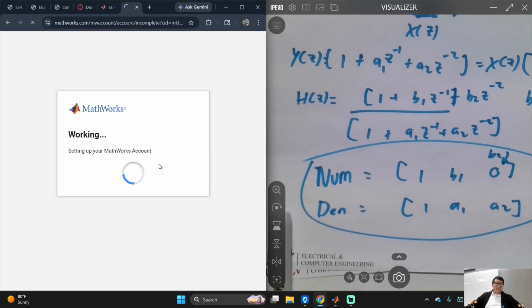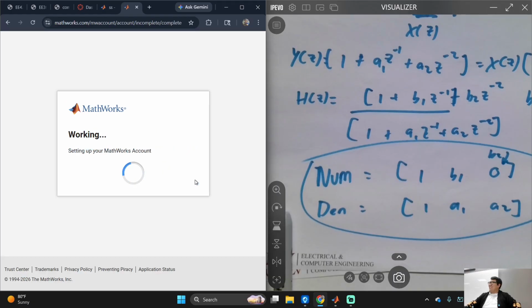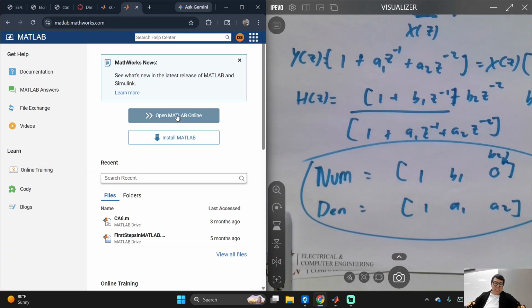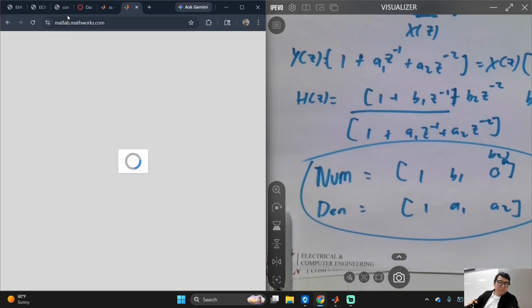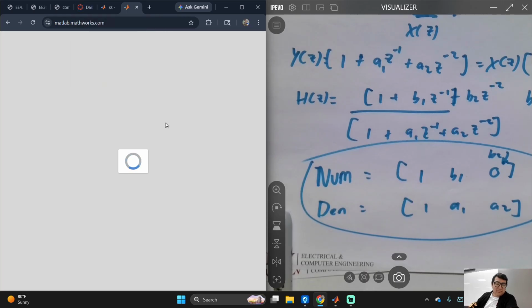Don't like it. But point is, if you didn't buy the controls toolbox, you're going to see the same error as me. So I like it when I make mistakes in front of you guys, okay? Shows you that I'm not perfect. Okay. Come on. Want to run MATLAB? Let that run for a second. Come on, MathWorks.